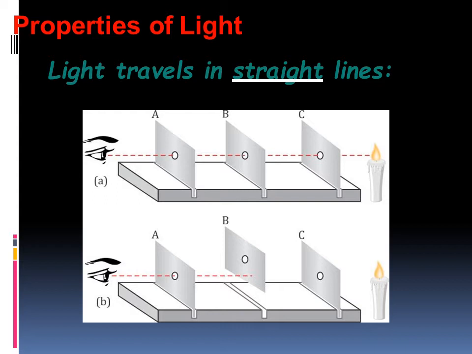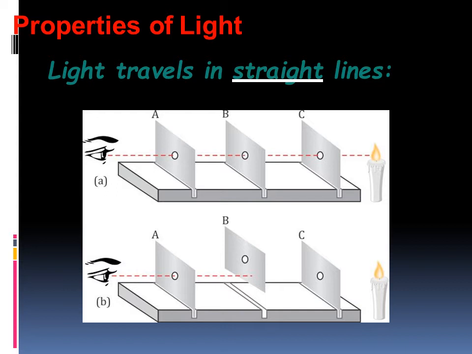Now we have to make a hole in all three boards, and that hole must be in the same position. It's not that you make a hole at the middle of board A, and in board B you make the hole at the extreme end, at the corner of the board.